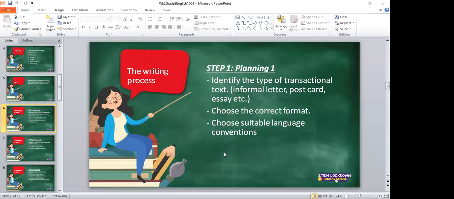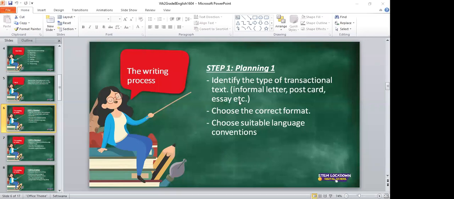You also choose the correct format based on that. Remember, the format of an informal letter is not the same format as a formal letter. It is not the same format as an essay. It is not the same format as a postcard. So after you have first identified the type of transactional text, then you can choose the correct format.